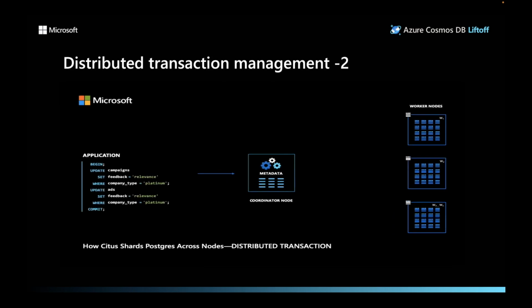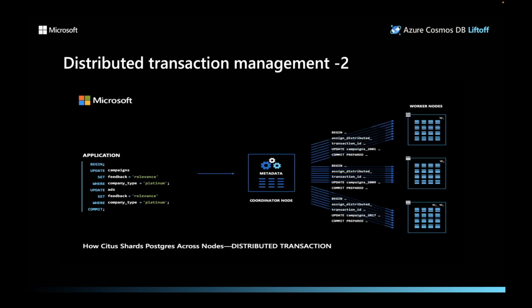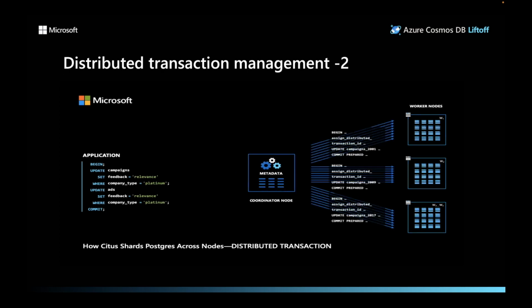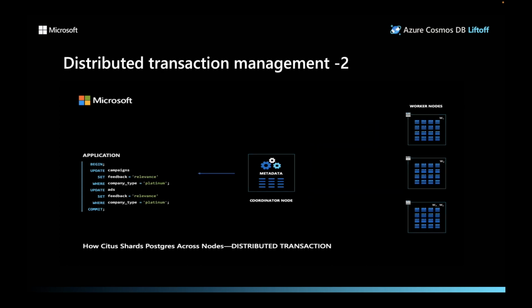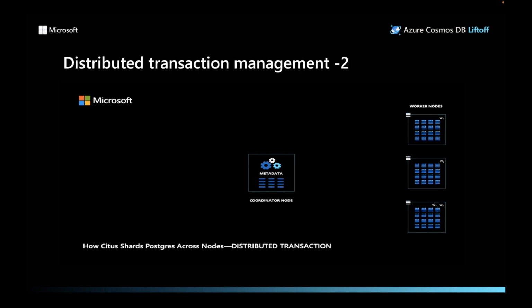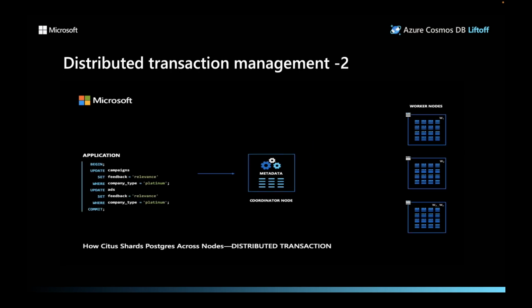When there are multiple nodes involved in a distributed transaction, then Citus's involvement becomes a little bit more. So PostgreSQL provides some hooks, as I mentioned earlier in this presentation. And then Citus uses another Postgres infrastructure, which is called two-phase commit, while handling these multi-node transactions. So just before the commit happens, PostgreSQL lets Citus know about that.